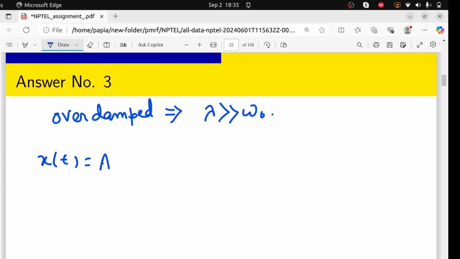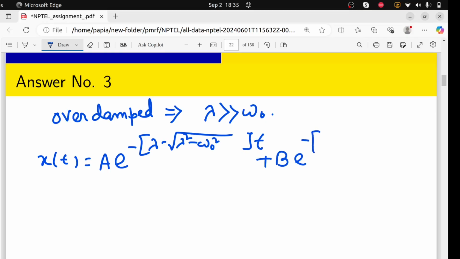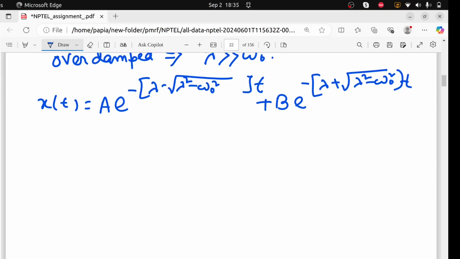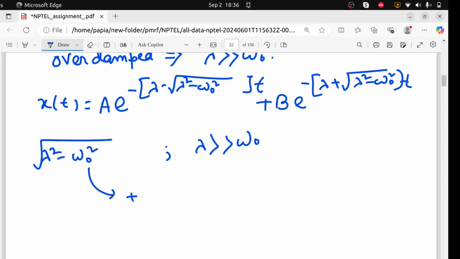x of t is a e to the power minus lambda minus root over lambda square minus omega 0 square into t plus b e to the power minus lambda plus root over lambda square minus omega 0 square into t. Now you can see, if I talk about this term, and the condition is lambda is very much greater than omega 0, so what will this one be? This one will be a positive term.